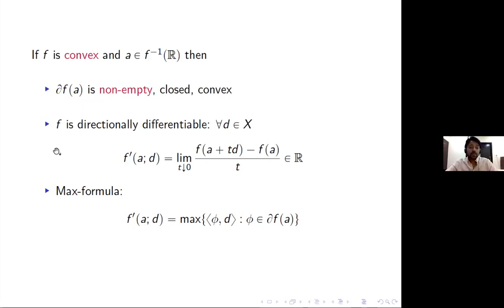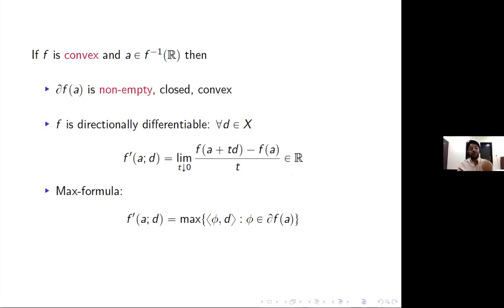Every convex function is directionally differentiable at this point a, which means that given any direction d, the limit as t tends to 0 of this quotient exists as a real number, and this exists for all d. We say that this quantity is the directional derivative of f at a in the direction d.